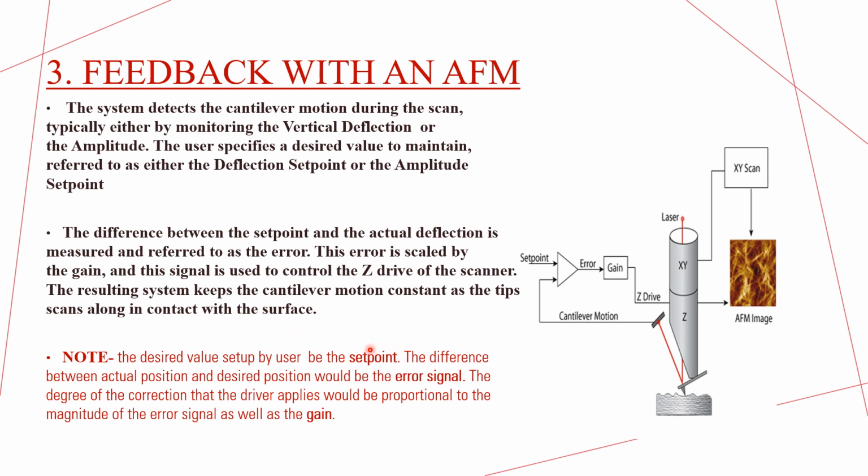So basically the set point is the desired value set up by the user before starting scanning, and the difference between the actual position and desired position is the error signal, which is proportional to the magnitude as well as the gain.